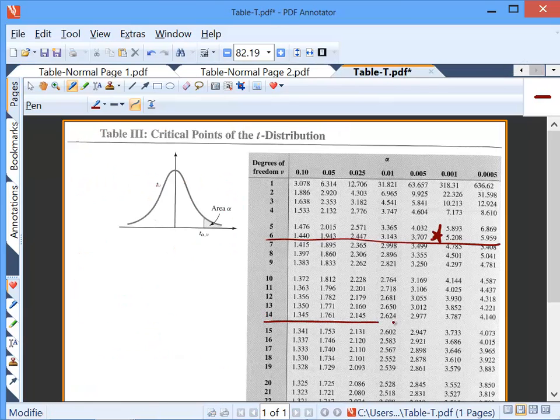So 14 degrees of freedom. I'm looking for 6 point something, which would be off the chart. So my p-value is less than 0.0005.